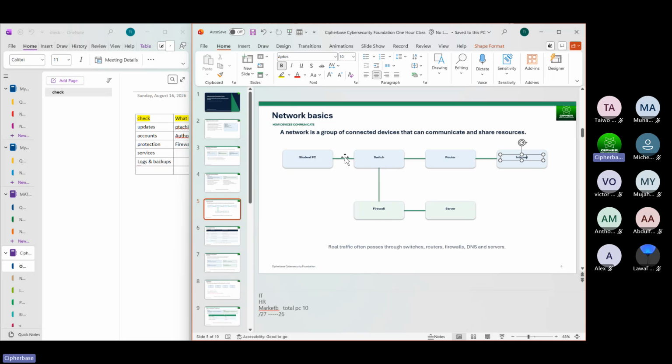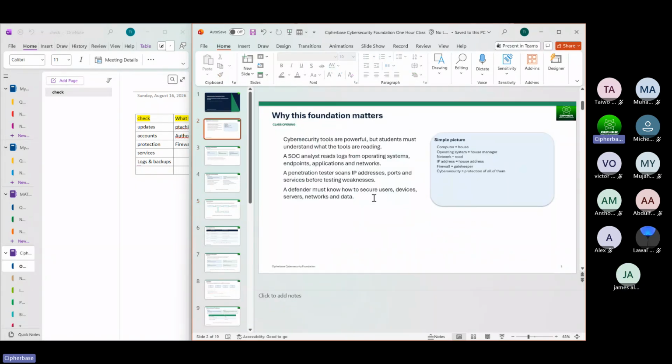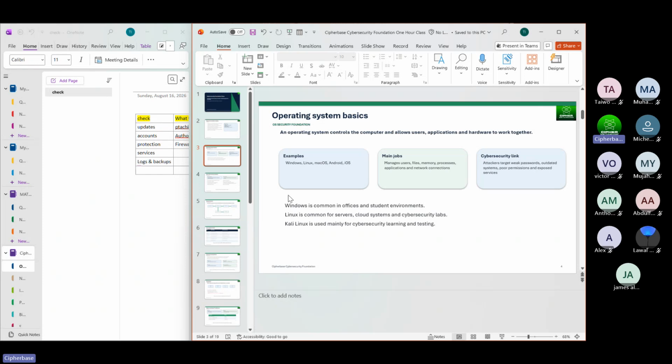For example, let's assume that you don't want your users to have access to WhatsApp while in the office. You use the firewall to block it. If you don't want some people to access a certain environment or some websites, we block it. You use the firewall to block the traffic. That's what I want us to understand about firewall here.